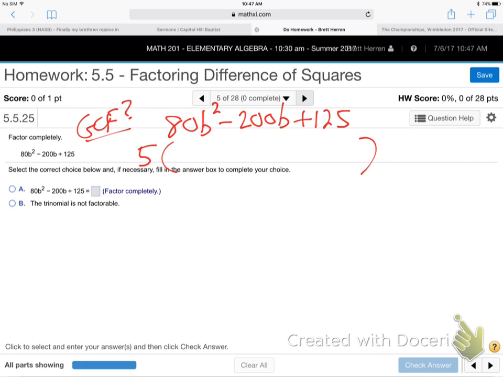Take it from there. And then do the FOIL factoring from there.